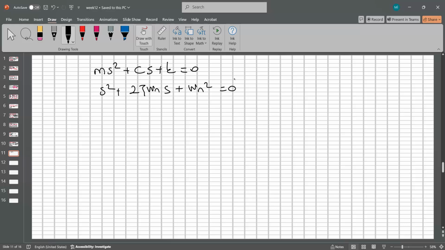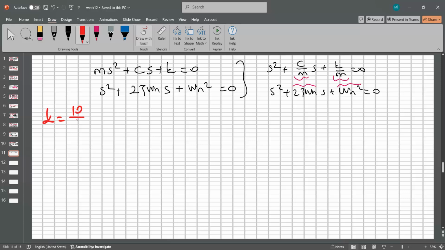Okay, we have these two formulations, and so we can collect this form: s square plus c divided by m s plus k divided by m is equal to 0, and s square plus 2 zeta wn s plus wn square is equal to 0. And so this c divided by m should be equal to 2 times zeta wn. This k divided by m must be equal to wn square, right? Okay. And so the k is equal to 10 divided by 9. Okay?